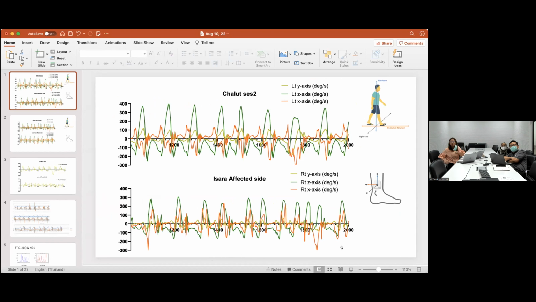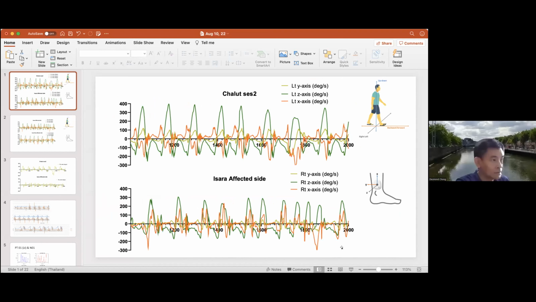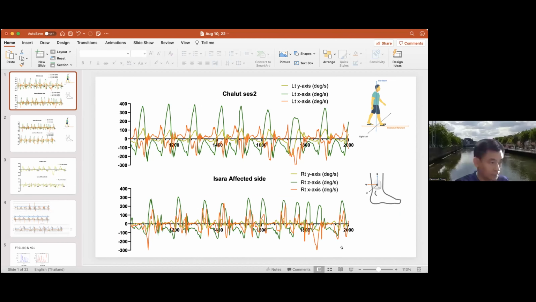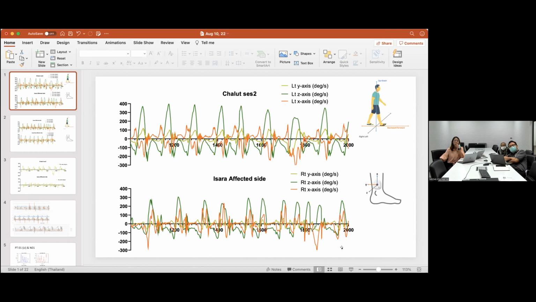So you can see the green one is the one that we are always looking at. This is the rotation along the z-axis, the green one. You can see that for the normal people, the other two axes' rotation is smaller compared to the z-axis, the green one.